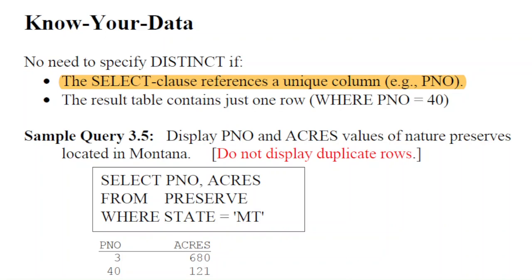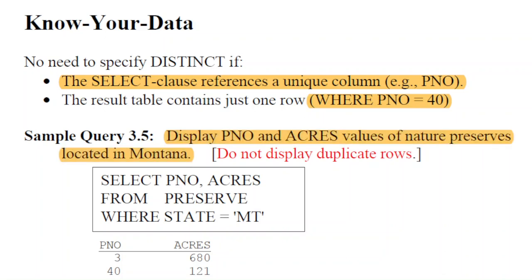Another circumstance is the query happens to retrieve exactly one row, as would be the case if you said where P&O equals a particular value. If there's only one row, there's no possibility of duplicate rows. Let's look at the following query.